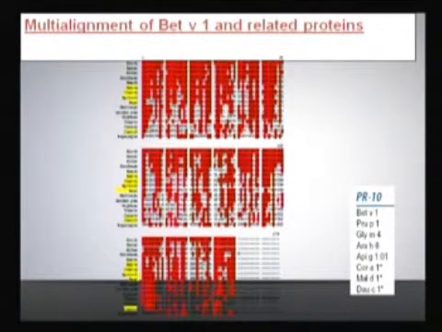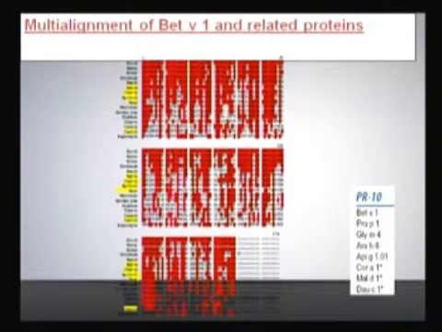This is maybe a bit of a complicated picture, but it's just showing you the amino acid sequence of PR-10 proteins in birch. And then you see that this is very similar to the one in hazel. It's very similar to the one in apple, in cherry, in apricot, in pear. But if you would look at, for example, carrot, at Dau c 1, which is the PR-10 protein from carrot, that's already quite far away.